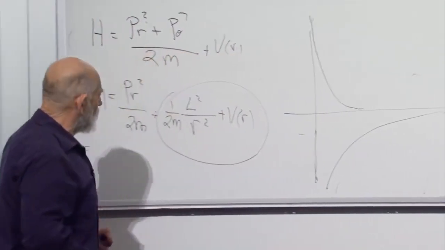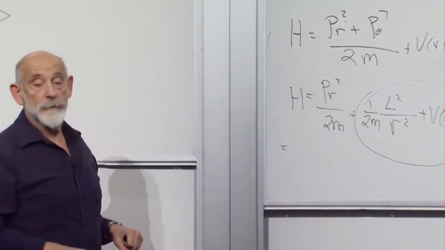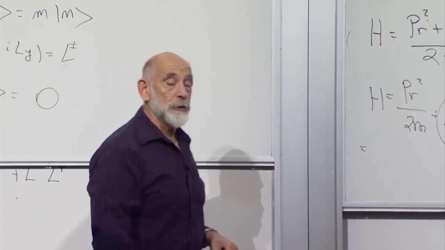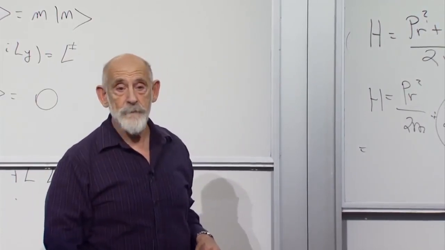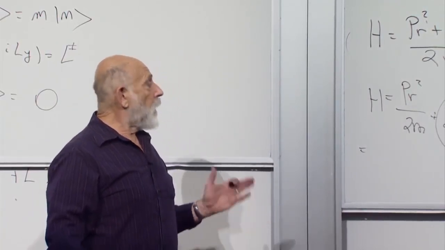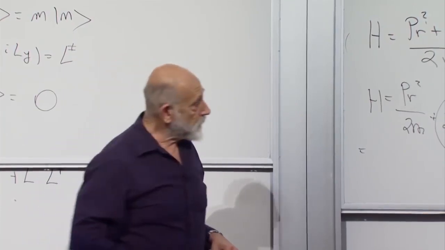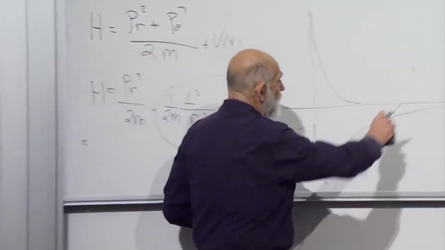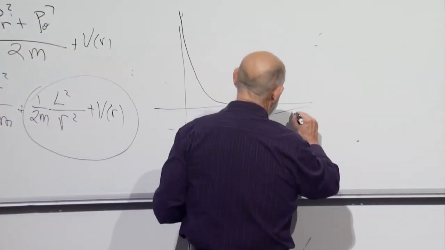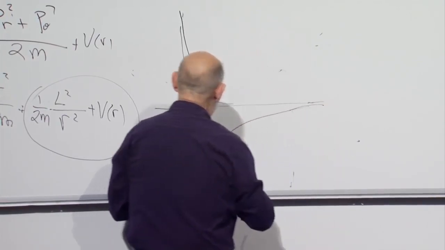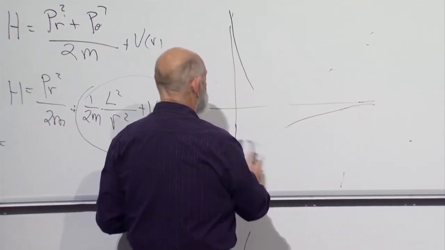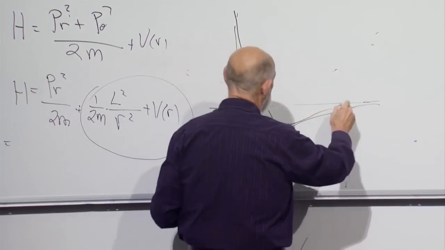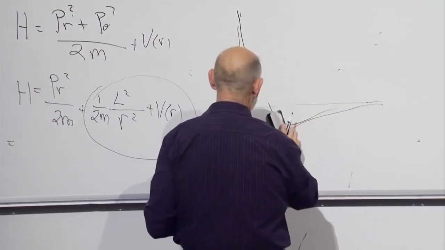What about for large r, if V is the Coulomb potential? 1 over r is bigger than 1 over r squared. So, asymptotically far out, the Coulomb potential wins. And what happens in between? What happens in between looks like this.